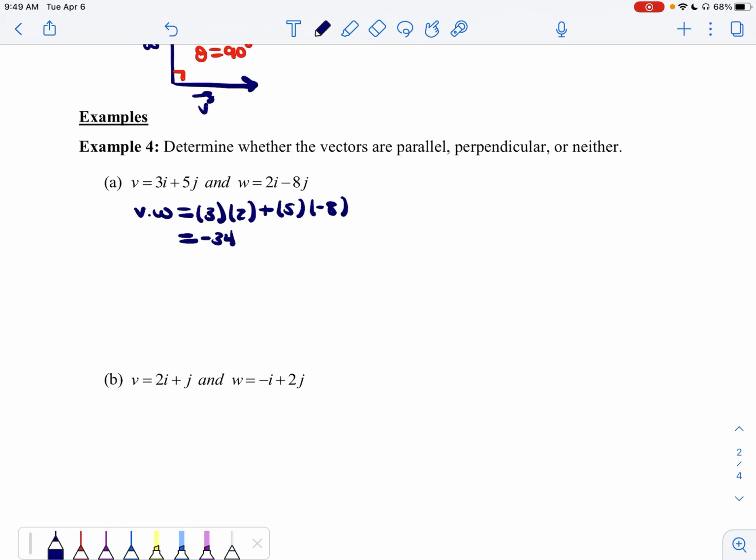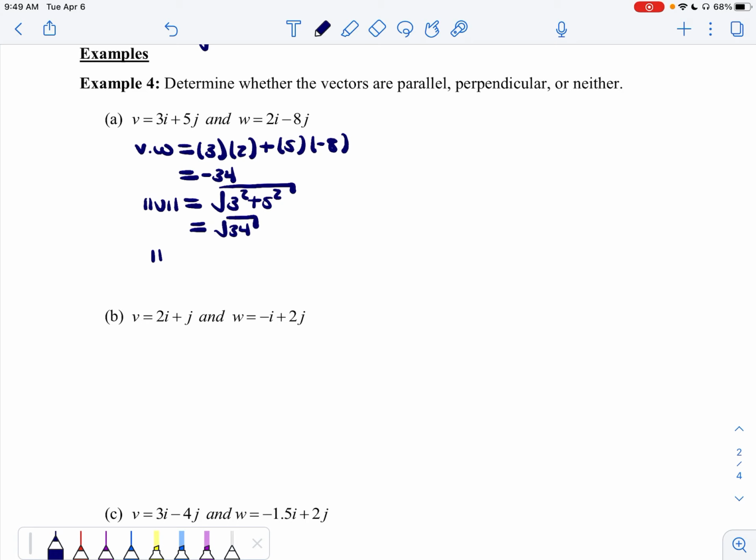All right, the magnitude of V is just Pythagorean's theorem. So square root of 3 squared plus 5 squared is going to be the square root of 34. And then the magnitude of W, square root of 2 squared plus negative 8 squared, that's going to be the square root of 68.